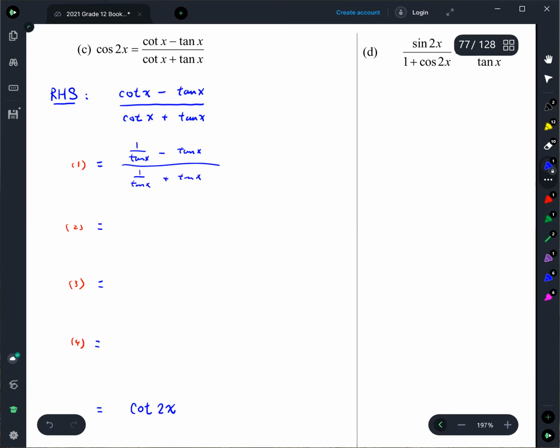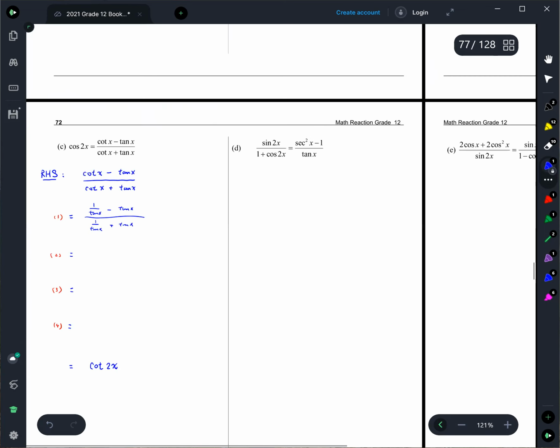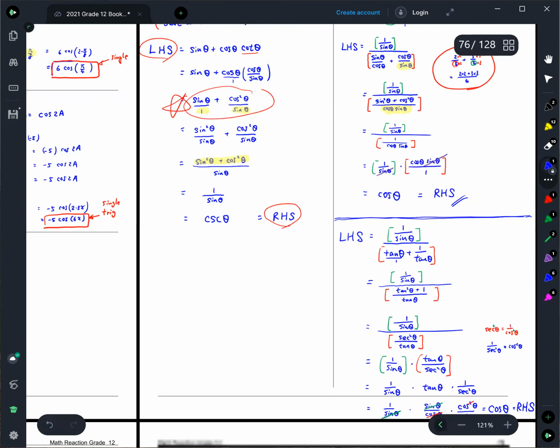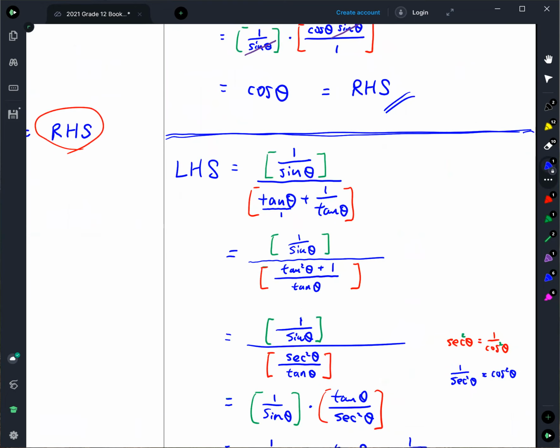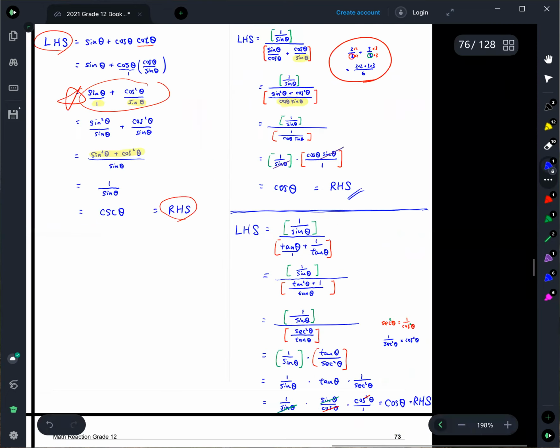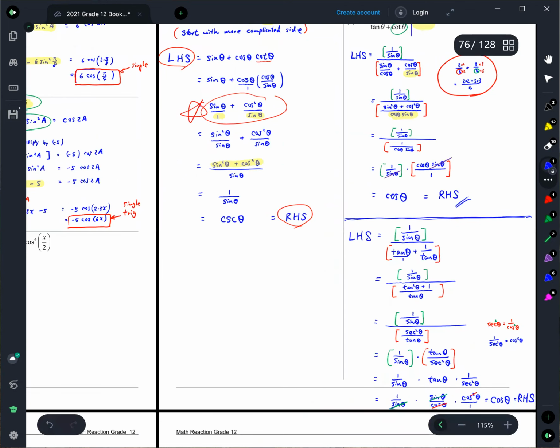It's not wrong. Remember from the previous question, we could change to tangent and 1 over tangent, but we would prefer to have everything in terms of sine and cosine.